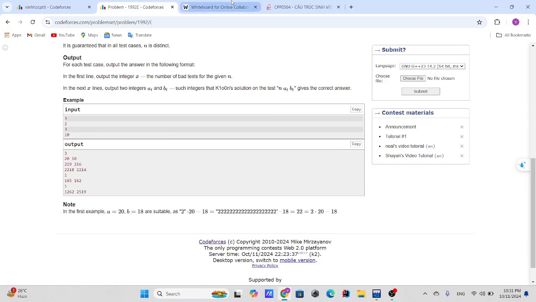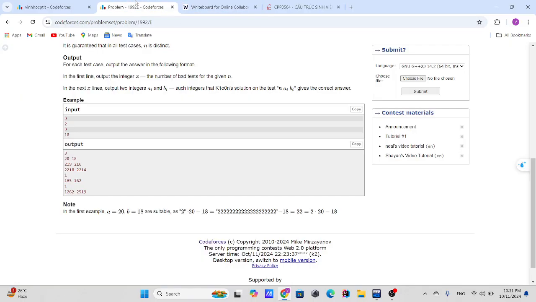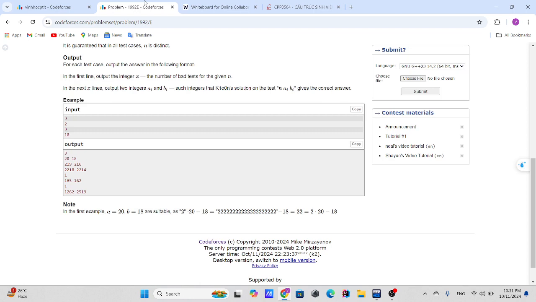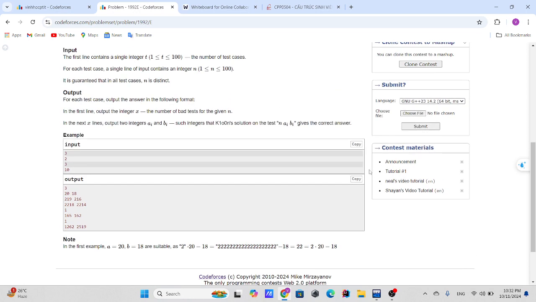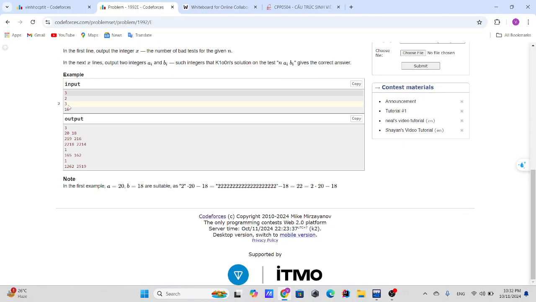Okay, so what's the logic behind this? What's the logic behind this? 22. For example, 11, right? I think this one might be a bitwise problem, but that's just what I think, and I'm not sure.